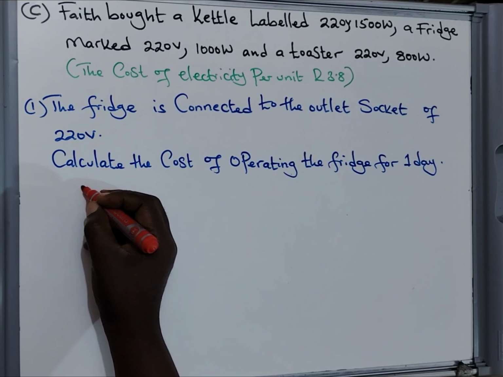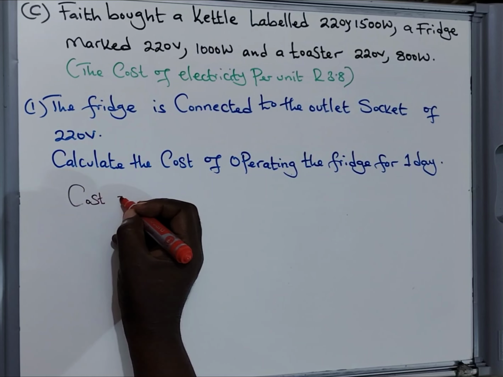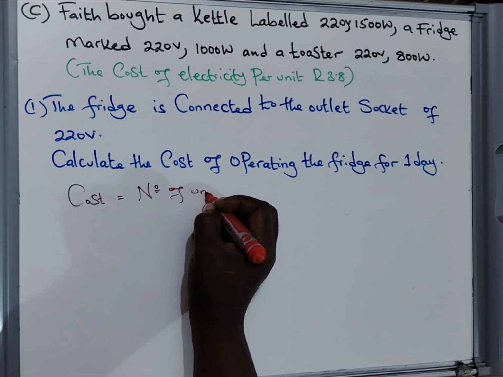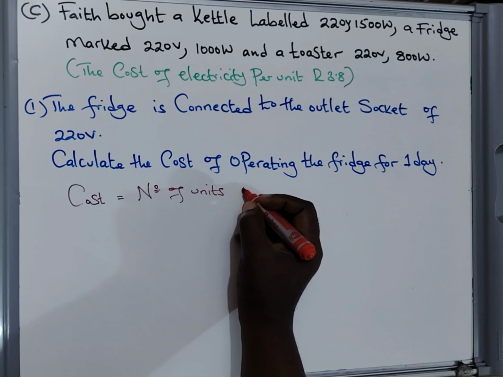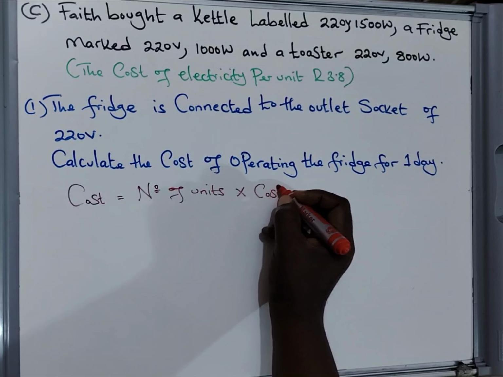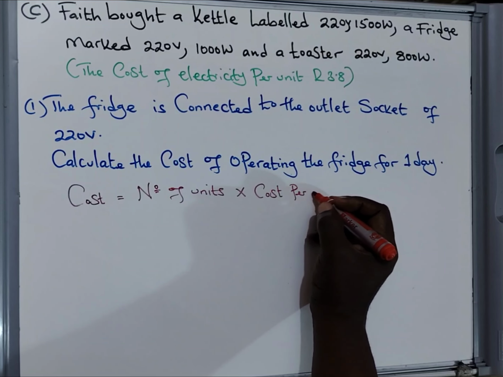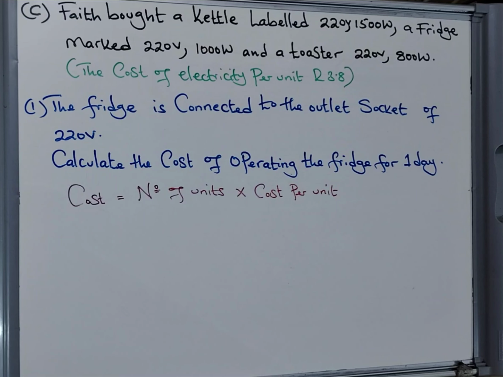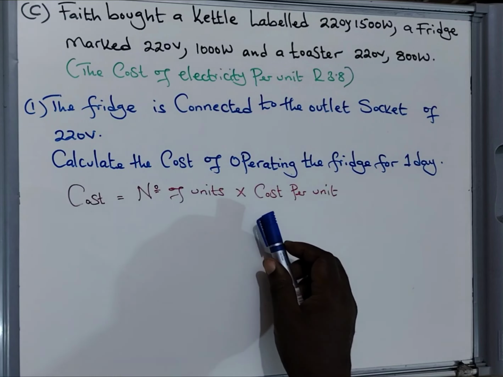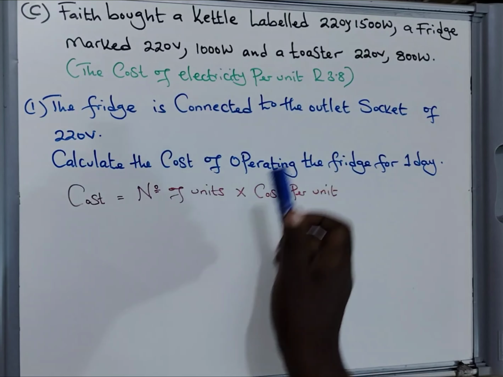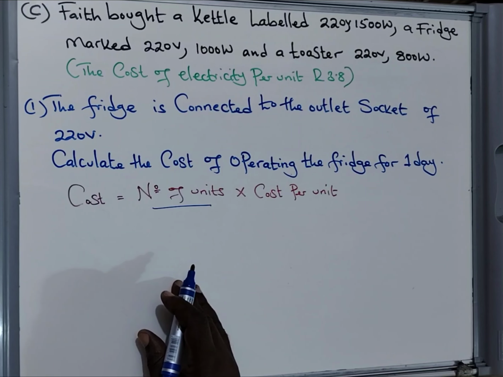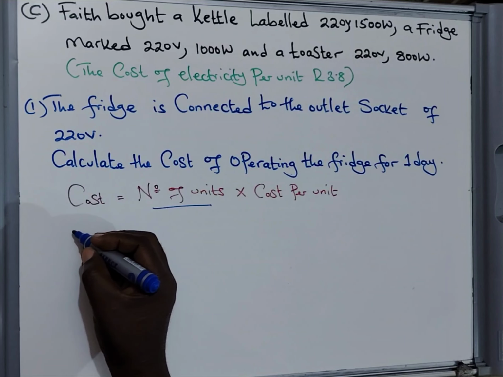Okay, you have to know that cost is equal to number of units times cost per unit. When you look at that, it is very clear that we know cost per unit, which is 3.8. Our problem is the number of units. So let us go for it.